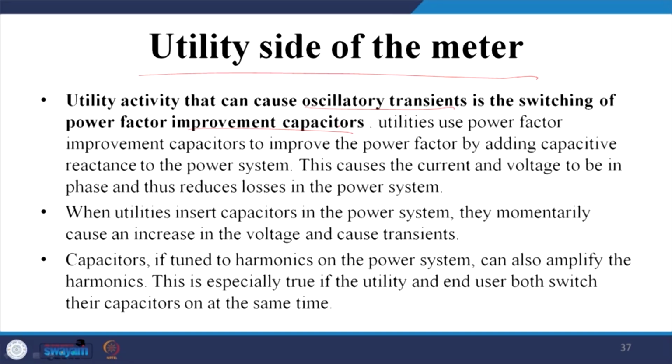Utilities use power factor improvement capacitors to improve the power factor by adding capacitive reactance to the power system, since predominantly we have the inductive power system. This causes the current and voltage to be in phase, thus reduces the loss in the power system. When utilities insert capacitor in power system, they momentarily cause an increase in the voltage and cause transient.